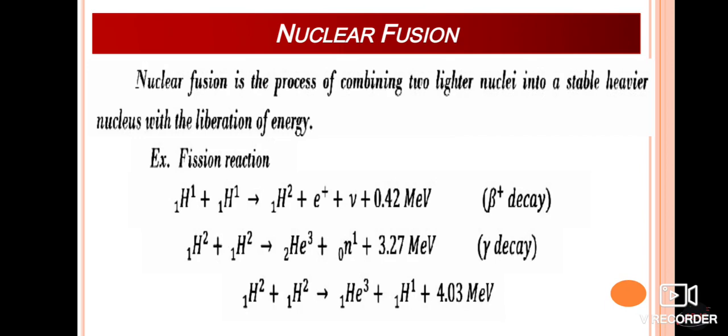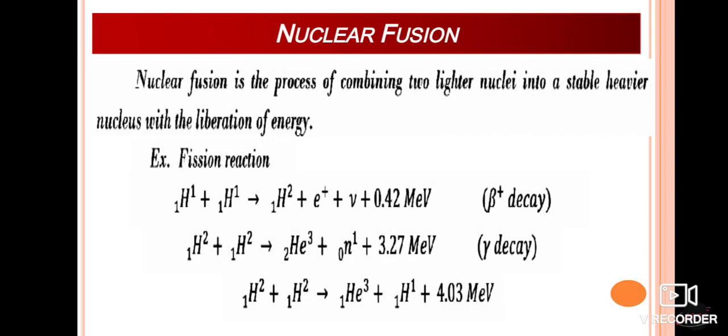A temperature of about 10 to the power of 7 Kelvin is required, then the nuclear fusion process will take place. Therefore it is known as a thermonuclear reaction, and this much temperature is available only in the core of the sun as well as other stars. So nuclear fusion is possible in the sun as well as other stars.